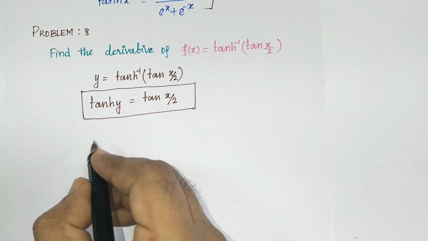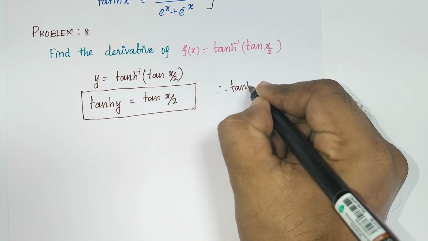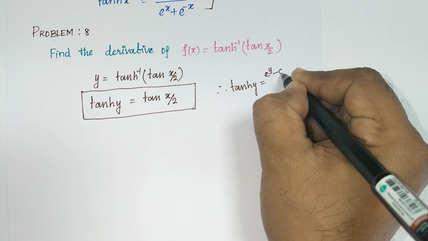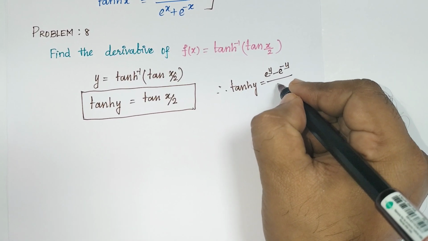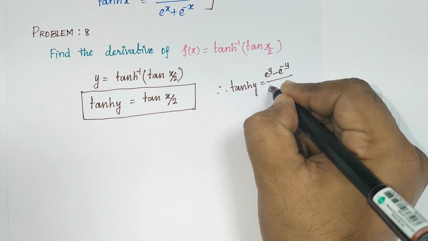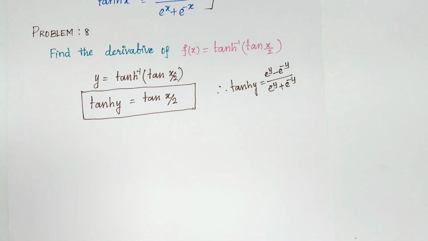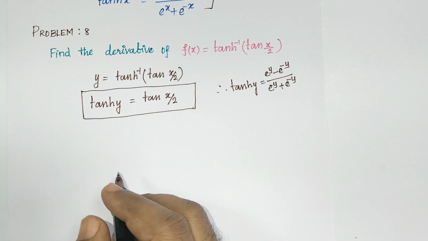Okay, here the tanh y means our formula e power y minus e power minus y divided by e power y plus e power minus y. So this is our formula. I am going to differentiate this because we need to find the first derivative.